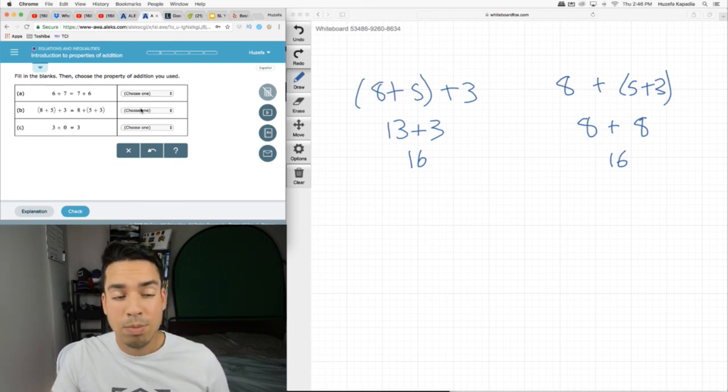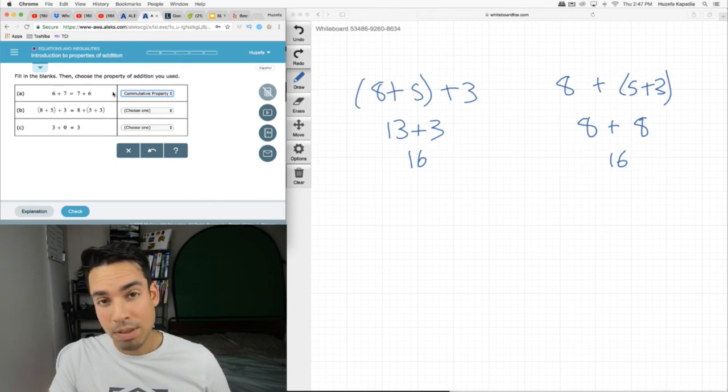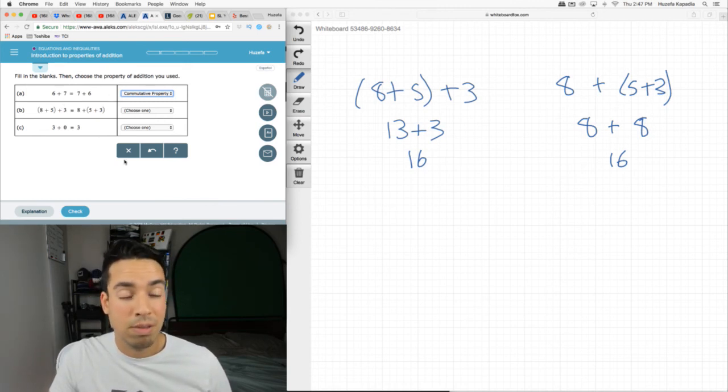Now I'm going to explain what the properties are that are associated with this. This is an example of the commutative property. The commutative property of addition states that when you have just addition happening, the ordering of the numbers has no impact on the final answer, which means 2 plus 8 equals 8 plus 2, 9 plus 10 equals 10 plus 9, 6 plus 7 equals 7 plus 6.